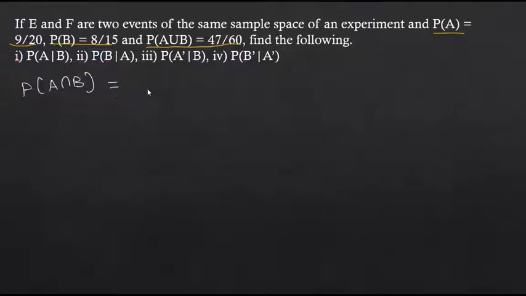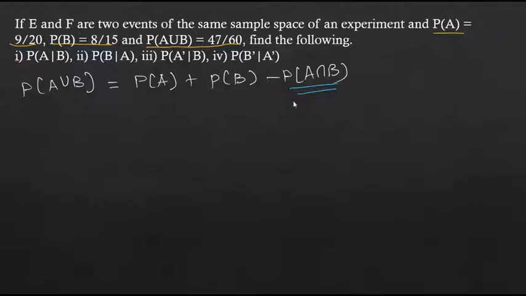So, according to the property, probability of A union B is equal to probability of A plus probability of B, minus the probability of A intersection B. In fact, we need this.